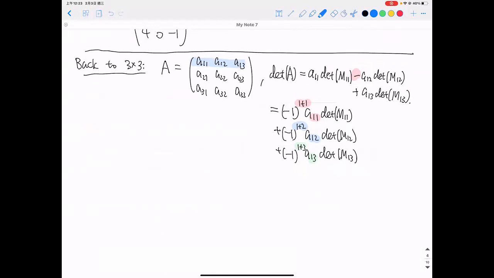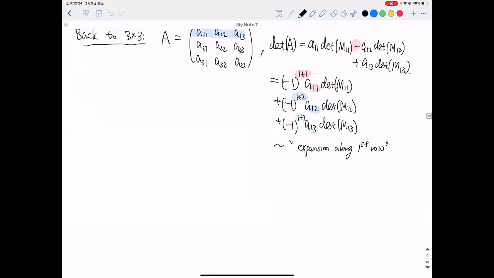We get the expansion as A11 times something minus A12 times something plus A13 times something. So this could be called an expansion along the first row.